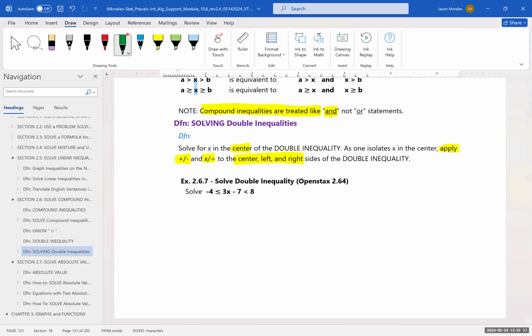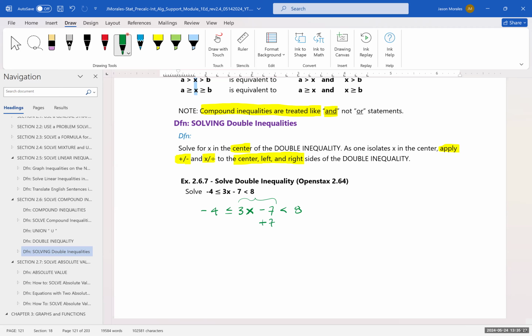Let me show you that with this example. Here we have this double inequality: -4 is less than or equal to 3x minus 7, which is less than 8. We want to isolate x and get it by itself, so we're focusing on this center expression. To get this by itself, we need to add 7.